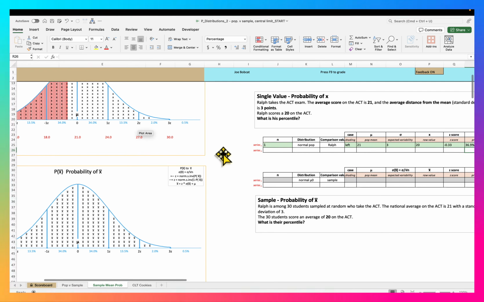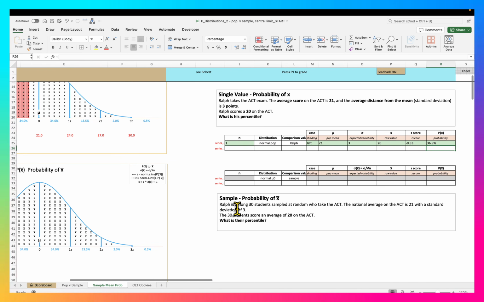Now let's see what happens if we have a sample. So let's say Ralph is among 30 students sampled at random that take the ACT. So there's 30 of them. Still left. Mu is still the same. It's 21. Sigma is standard deviation of 3. But, and this is the one thing that changes here between these two, here's the difference: for the expected variability, we don't just take sigma.